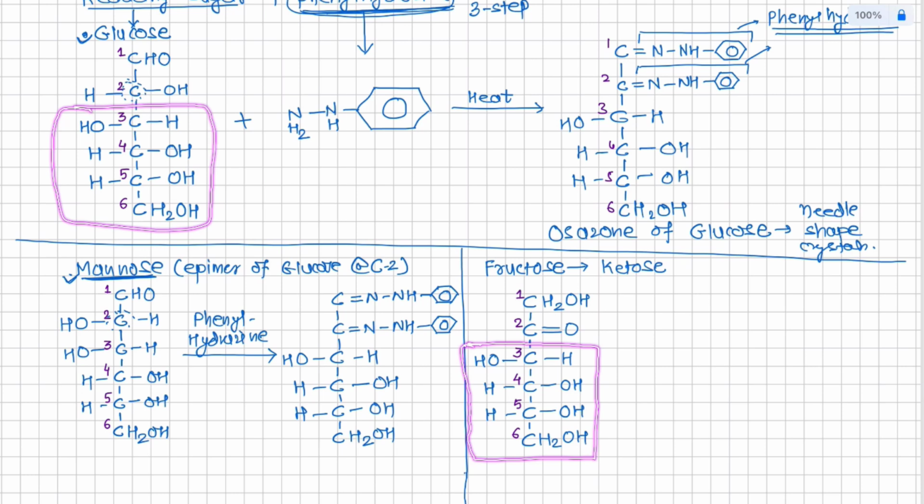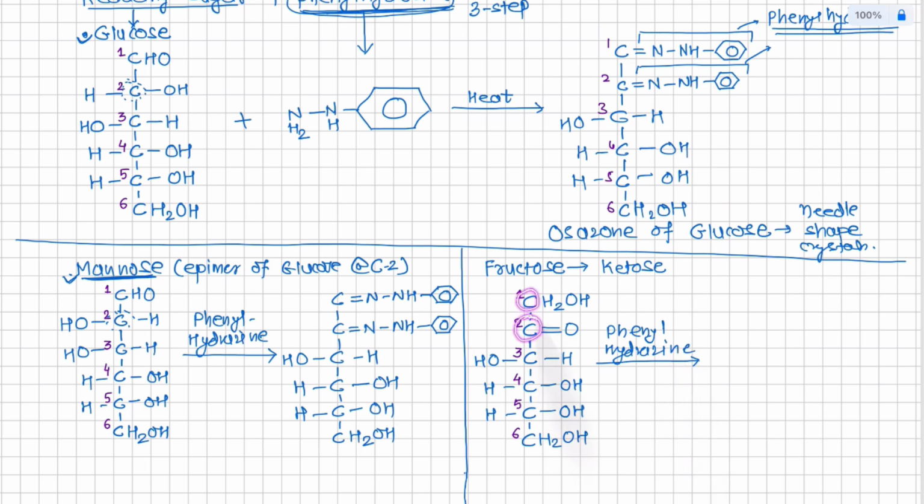And here also the same story continues as with mannose. When it reacts with phenylhydrazine, carbon 1 and 2 get phenylhydrazone and the remaining structure remains the same. So let's draw this structure. 6 carbon skeleton, carbon 1 contains phenylhydrazone. Similarly, the second carbon also contains phenylhydrazone. And the remaining carbons are unchanged. So let's copy them from the original fructose structure.